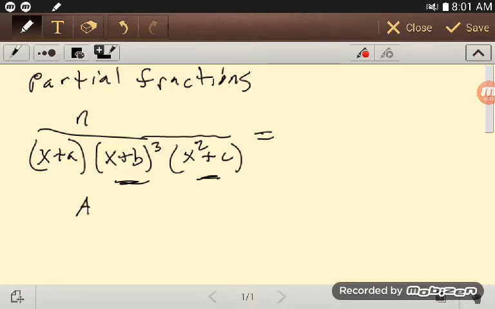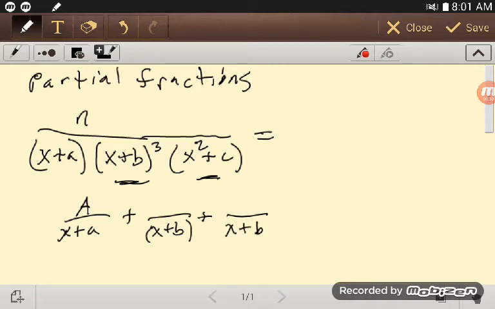It'll be some A over x plus a, just like we had before, plus, now we have to account for all possibilities of this x plus b. So we could have an x plus b, or we could have an x plus b squared, or we could have an x plus b cubed. That's a terrible 3, there we go.